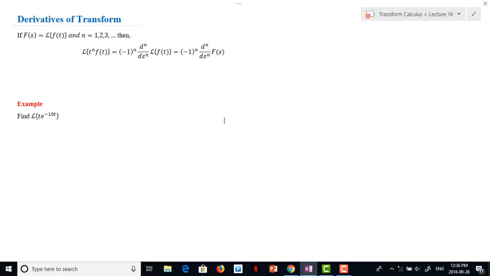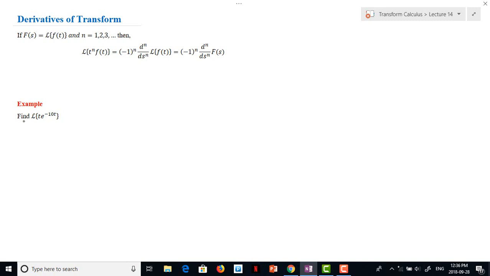In fact, it is d^n over ds^n, so it means that we have to find the derivative of F(s) n times. So now we use derivative of transform to solve some examples.